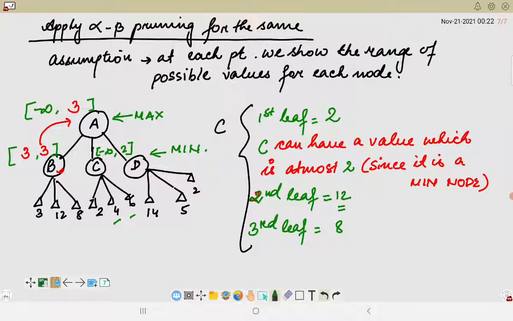That means from the min level we have obtained two values, 3 and 2, right? Now A, the max node, already has a 3 value here. That means max will accept any value which is greater than 3, and it will not accept any value which is less than 3.